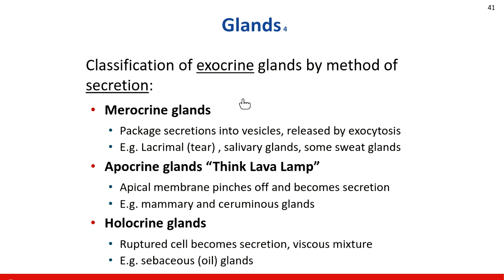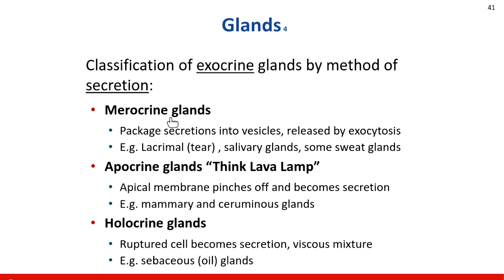A vesicle is like a bubble or membranous sac that these cells create. They put some substance inside those vesicles, send the vesicle to the plasma membrane, and through the process of exocytosis, it releases whatever that secretion is outside of the cell.